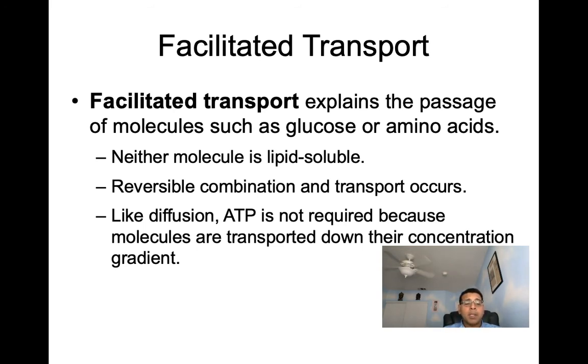Here, the substances combine with the carrier proteins, and then they're transported across the membrane. This process, and diffusion, we said earlier, do not require ATP, because the molecules are going to be moving down their concentration gradient.